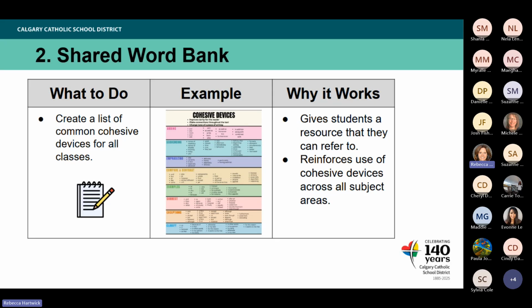And why does the shared word bank work? It gives students a resource that they can refer to, and it also reinforces use of cohesive devices across all subject areas. So if a student sees this in EAL, but they also see it in science, they're more likely to use it more frequently.